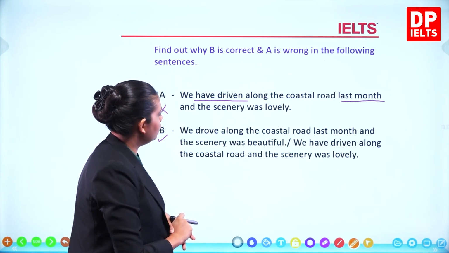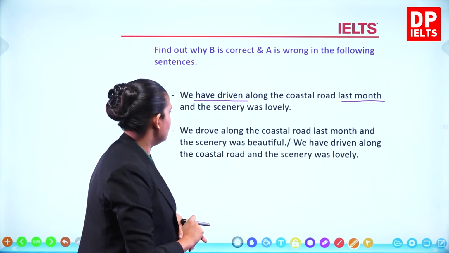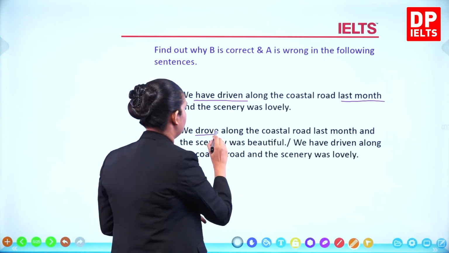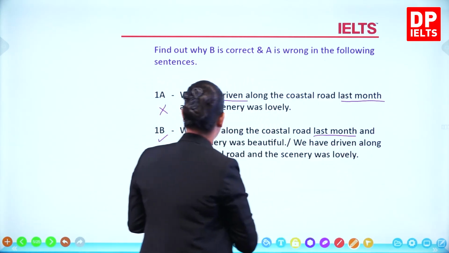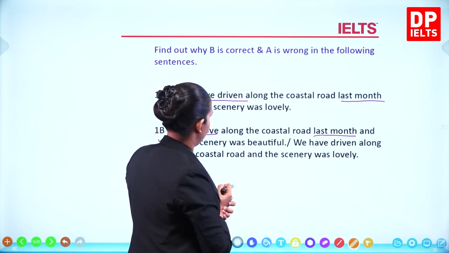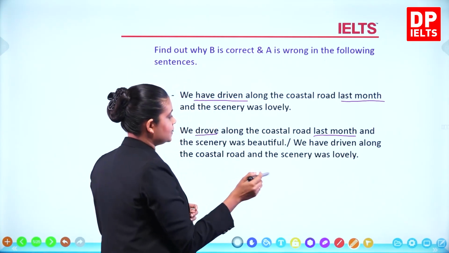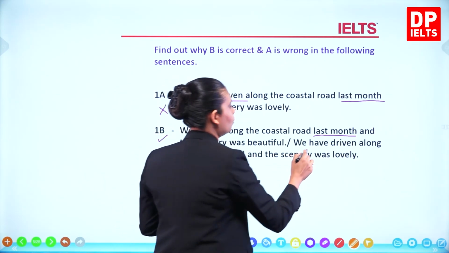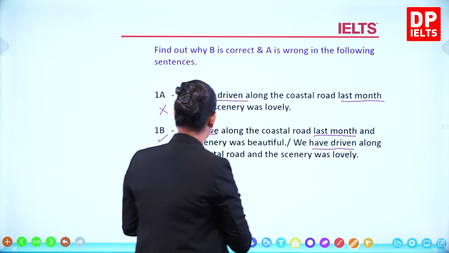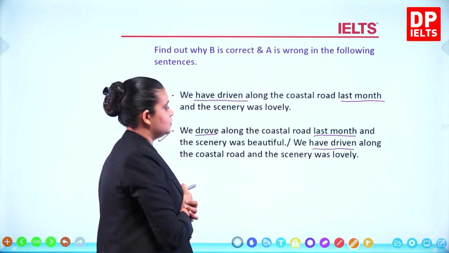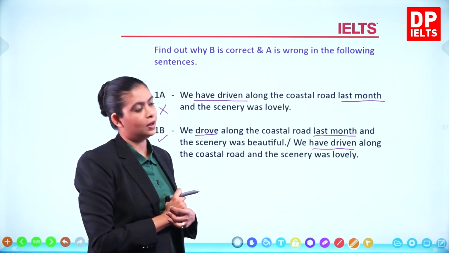We drove along the coastal road last month and the scenery was beautiful. Or there's another sentence, you can say, we have driven along the coastal road and the scenery was lovely, right?